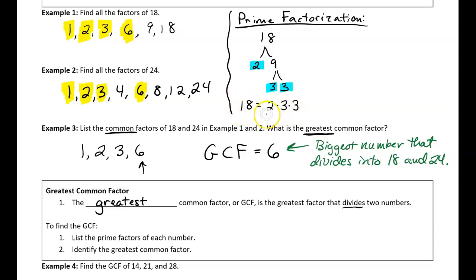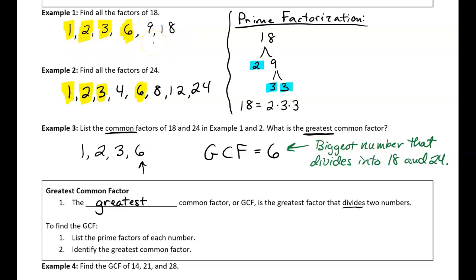And in case you're wondering, how does this differ from our answers from example 1? Well, if I look a little more closely at the factors that we got from example 1, they're all built from these three values. 2 times 3 gives me the 6, 3 times 3 gives me the 9, 2 is in there, 3 is in there. So any combination of these prime factors is going to give me the other factor answers we got in our example 1.